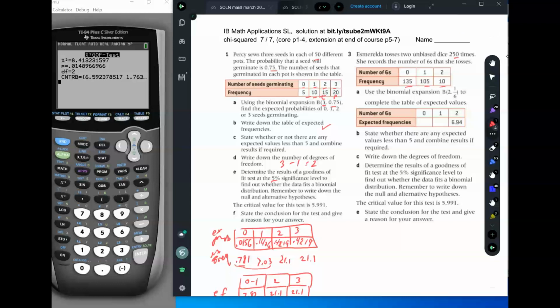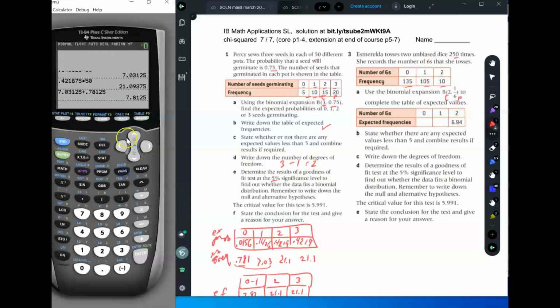So we're going to use the binomial distribution with trials equals 2 and probability equals 1/6 to complete this table here. So let's do that. I'm going to go to second distribution, binomial PDF. Oops, that didn't work. Second distribution. Sometimes I click too fast. Second page, binomial PDF, and the trials is 2.